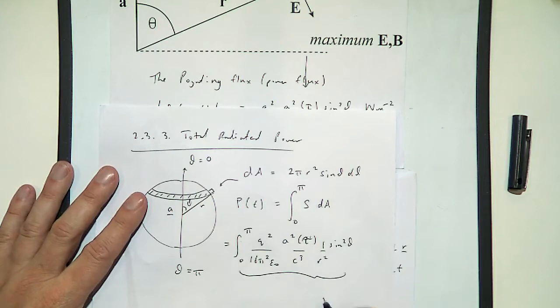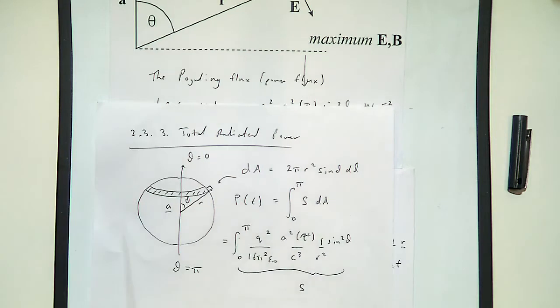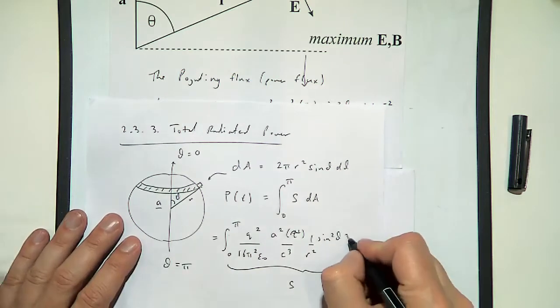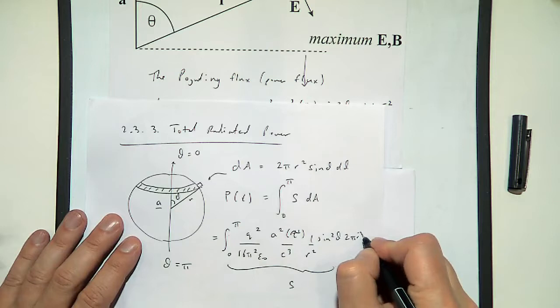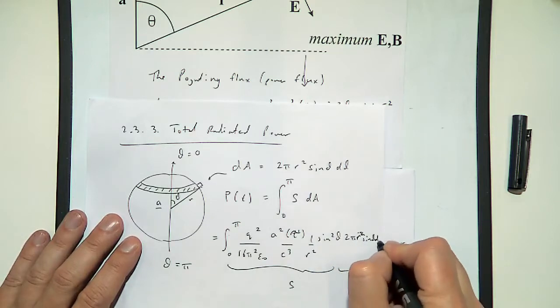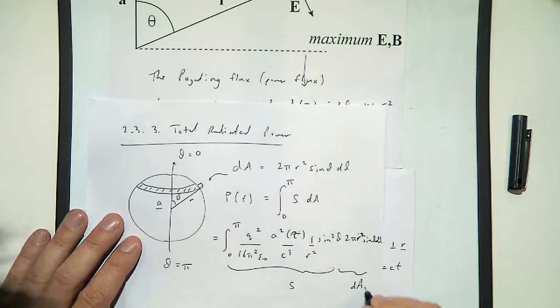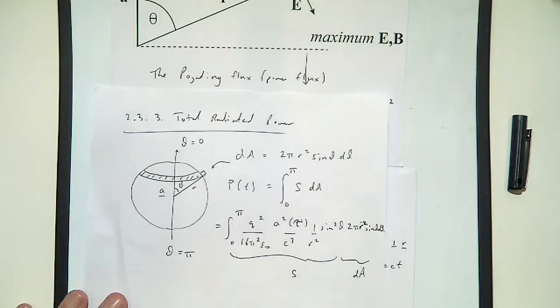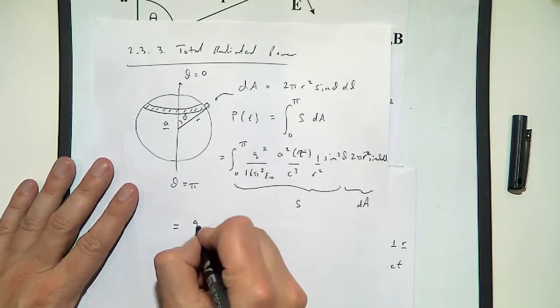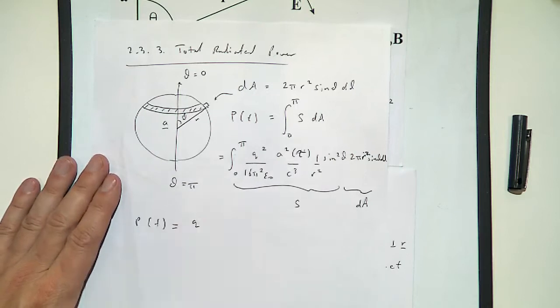That bit there, that's S, isn't it? Okay, I've just broken apart the sine squared theta and put it on the right. And then the dA part, I'm going to run out of space on the side here, but it's 2 pi r squared sine theta d theta, that's dA. Okay, all right. So that means the total amount of power emitted, okay, P is a function of T.